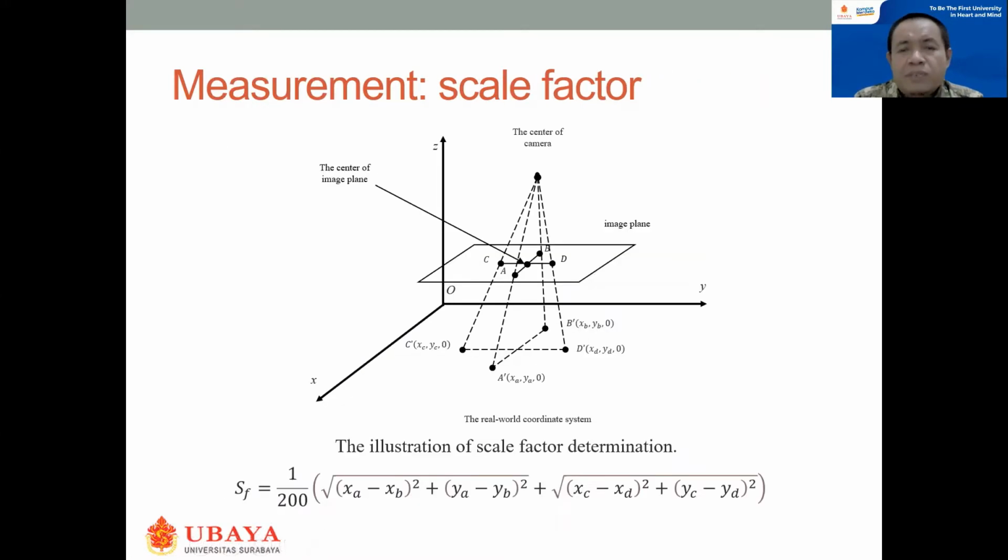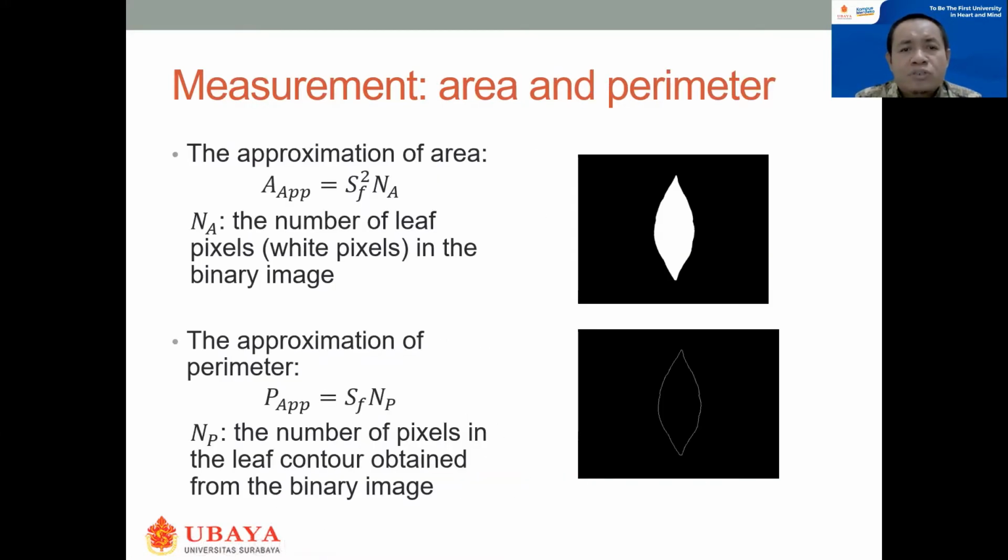Okay, after we obtain the scale factor, we use it to approximate all geometry properties of the leaf. For area, the approximation area, APP, is equal to scale factor squared times NA. NA is the number of leaf pixels, or white pixels, in the binary image. So we count the number of white pixels, and then we multiply by the scale factor squared, and we have the approximation of area.